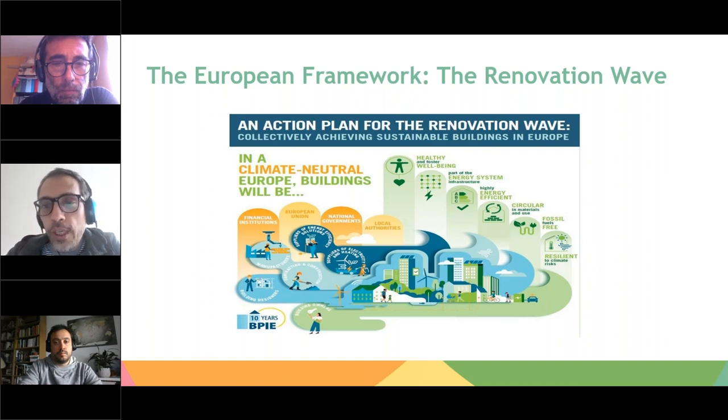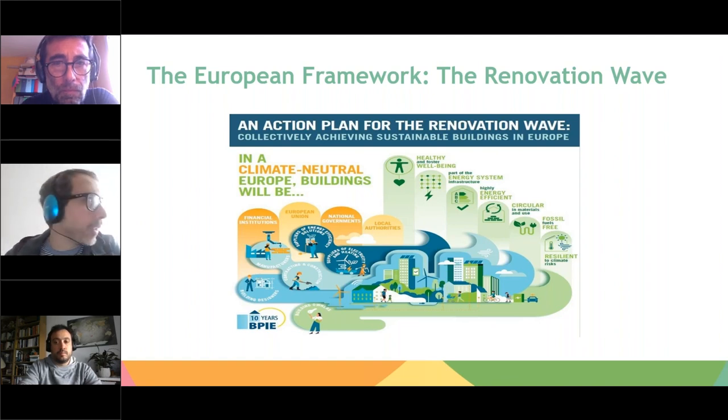Now also, we need to be more circular in material use, not just about the operational phase of the building, but also trying to make the life of the buildings longer.